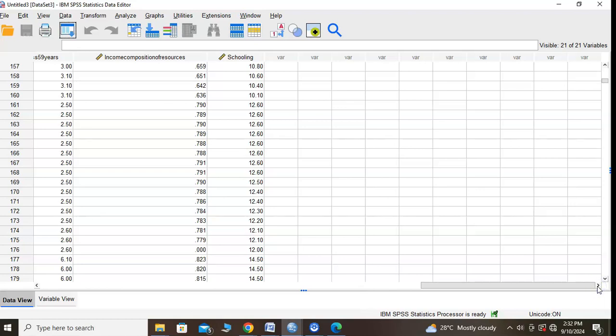Then the coefficient table showed that GDP had a positive coefficient, meaning a higher GDP was associated with longer life expectancy. And adult mortality had a negative coefficient, meaning higher mortality rates were associated with shorter life expectancy.